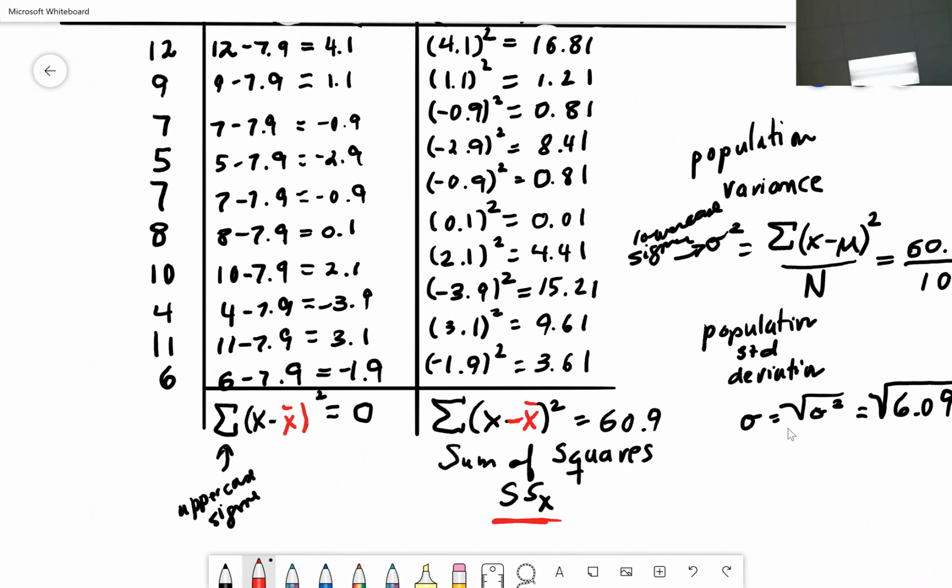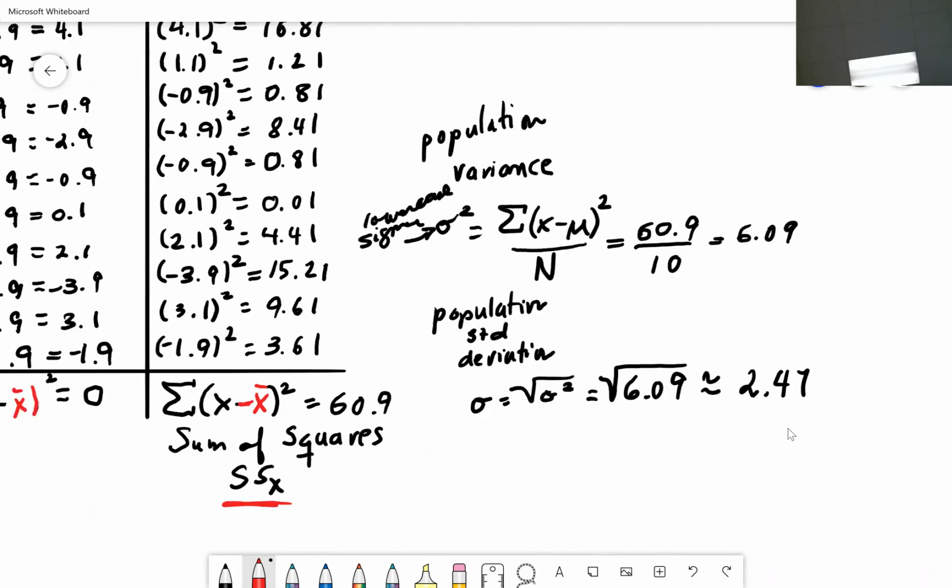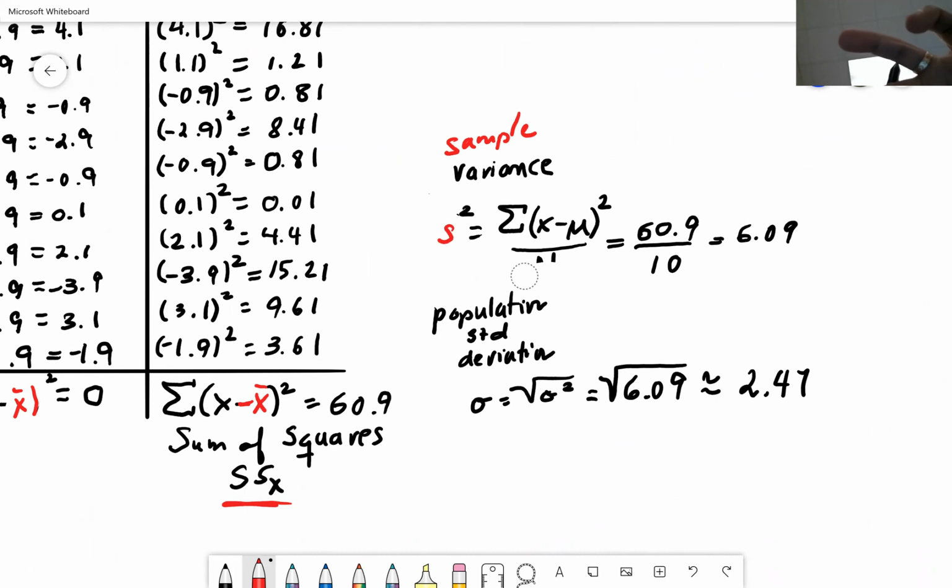So what changes is what happens here. We have our sample variance. This is an S, so S squared. This is going to be n minus 1.